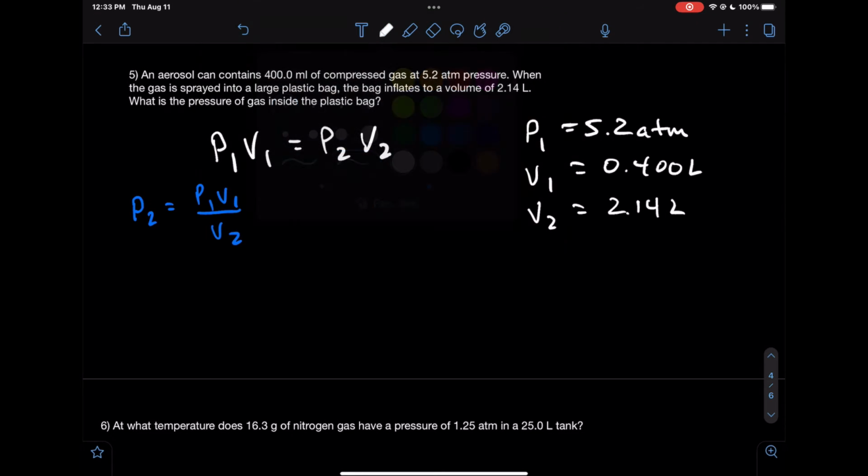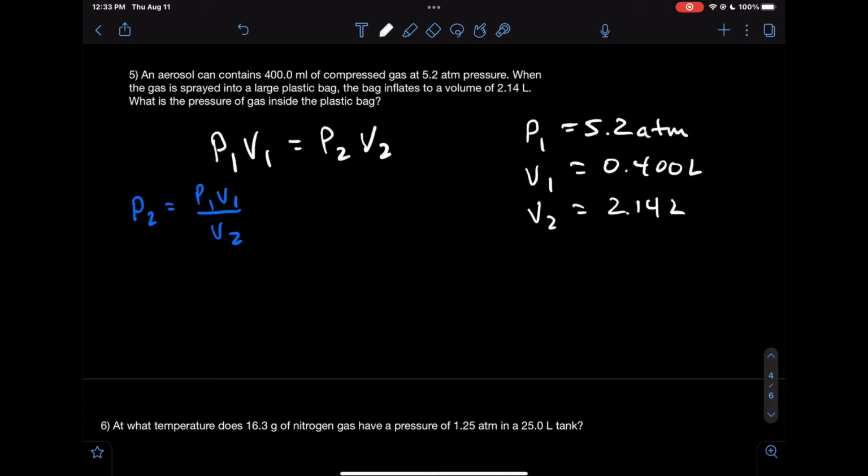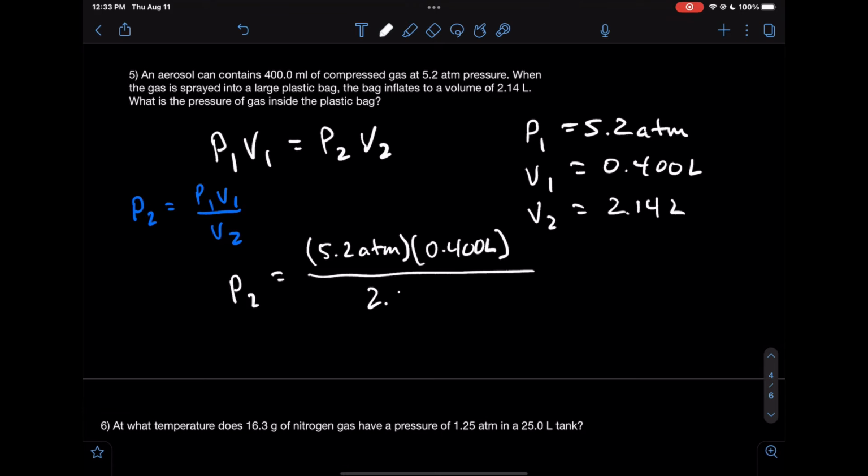Now that we have the equation rearranged to solve for P2, we'll go ahead and plug the numbers in and solve for it. So P2 will equal P1, which is 5.2 atm, times V1, which is 0.400 liters, divided by V2, which is 2.14 liters.